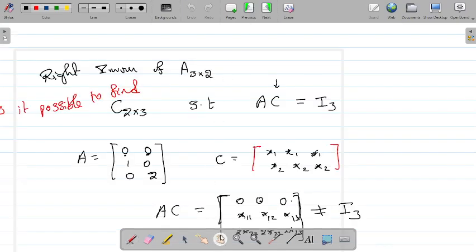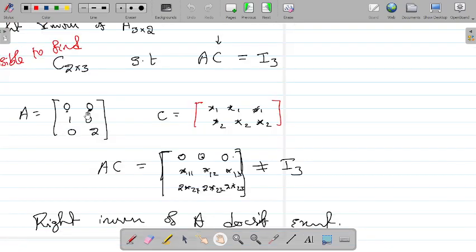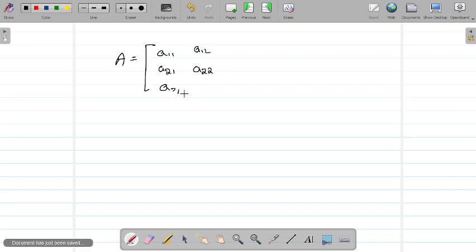See, if you are not convinced with this, let's say I'm saying that it is not possible to find C for which you get A times C equal to identity for this matrix. It is easy, you did it. But what happens if I take a random matrix A equal to A11, A12, A21, A22, A31 and A32, and B equal to, let me take in terms of star.